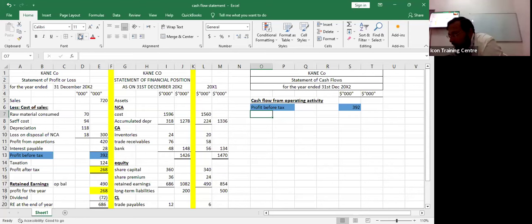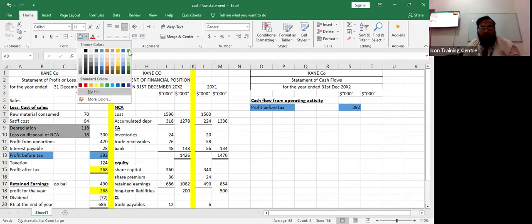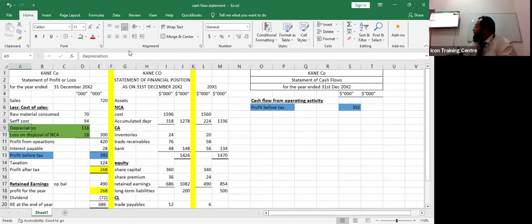Then what we need to do is, if you can see these depreciation charges, depreciation and loss, please just have a look at these two things. These two expenses were subtracted in the statement of profit or loss, but we have not paid anything against them.